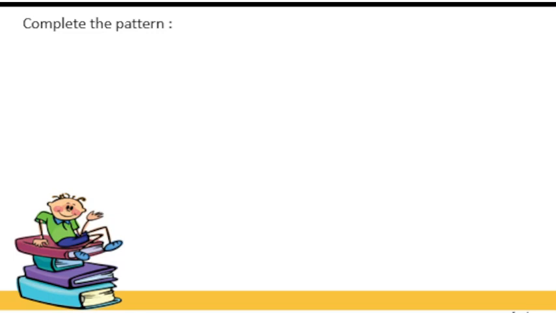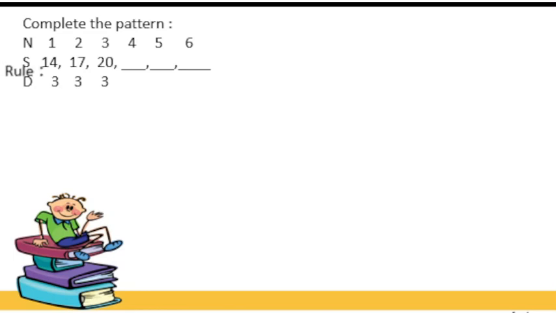Okay, so complete the pattern. Let me guide you. So you have the sequence 14, 17, 20. Get the common difference. So the rule is 3n, then plus 11. Because if it is only 3n, 3 times 1 is 3.